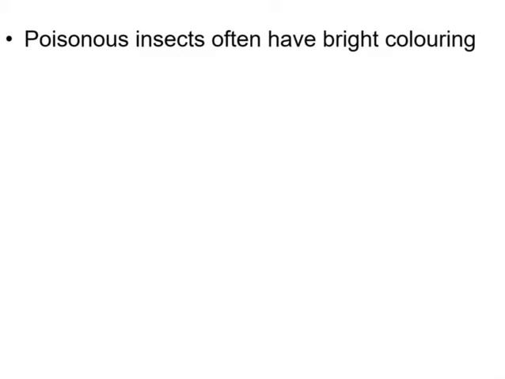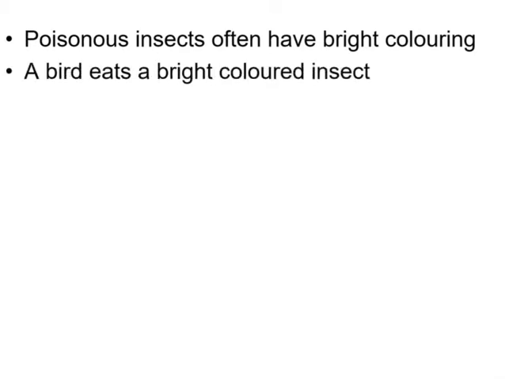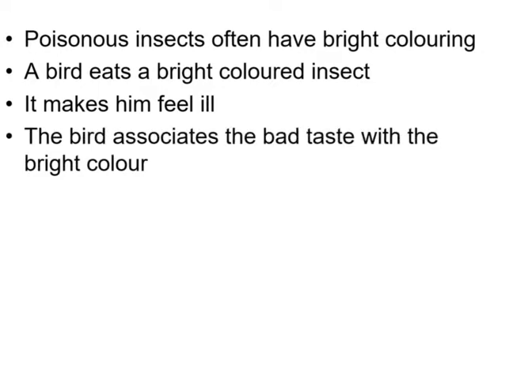So what can evolve is, say, a bright colouring in the poisonous insect, and that can cause a conditioned response in the birds, where when they see a bright insect, it makes them feel ill.